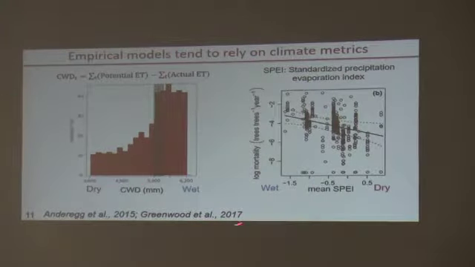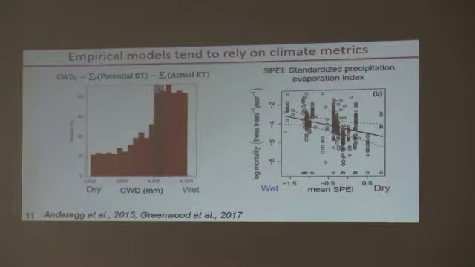So a really commonly used one is this climatic water deficit, for example. It's just the difference between the potential evapotranspiration in a certain region and the actual evapotranspiration. You could put 50 plots like this up there with 50 different, primarily climate-based metrics. The FDSI that I talked about earlier is another example.